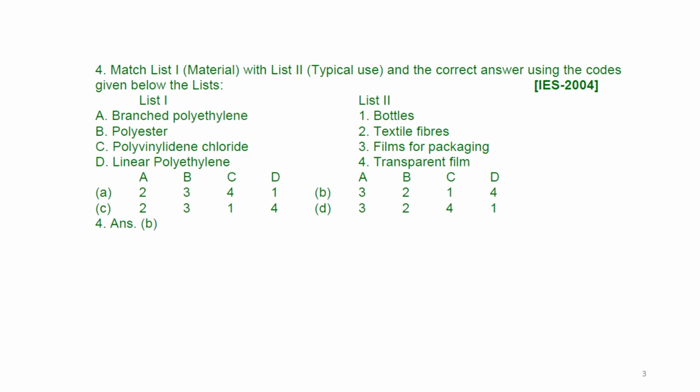So the branched polyethylene is actually film for packaging. Polyester is textile fiber, and polyvinylidene chloride is actually bottles, and linear polyethylene, transparent film. So the answer is B.